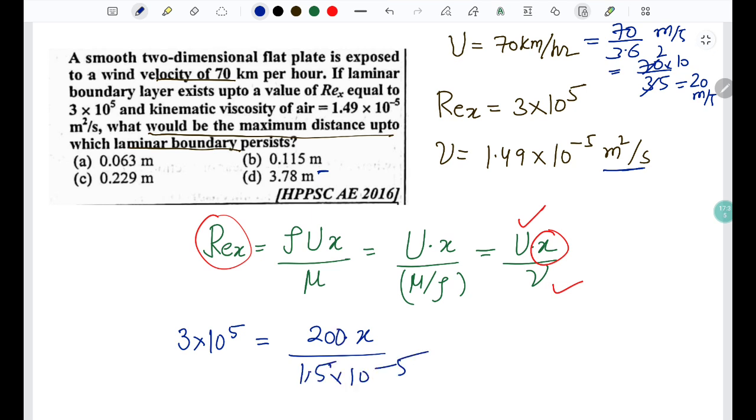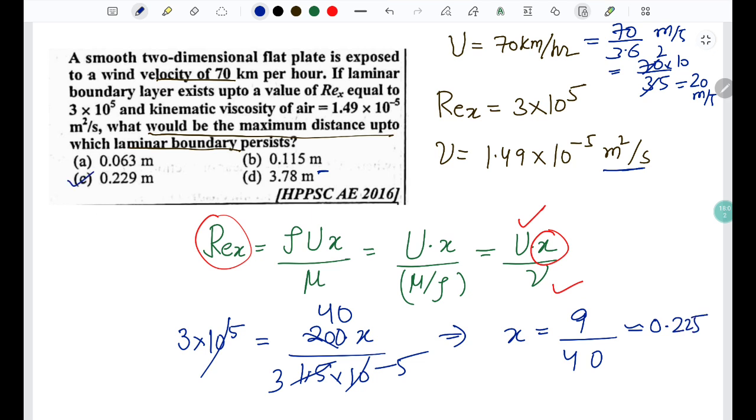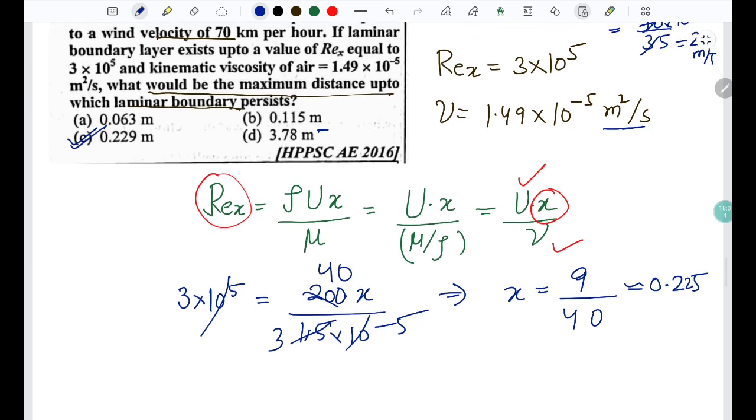This becomes 40. We get x as nothing but 9 by 40, which gives us around 0.225. So C option is the closest one.